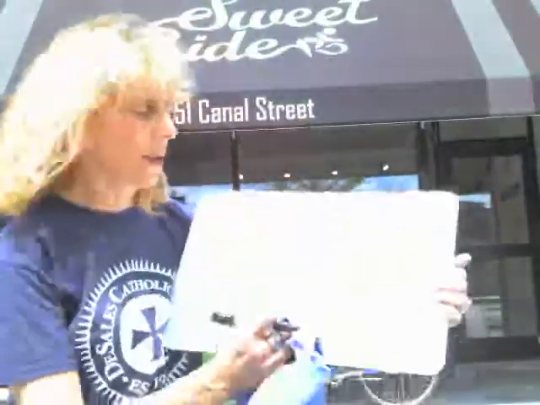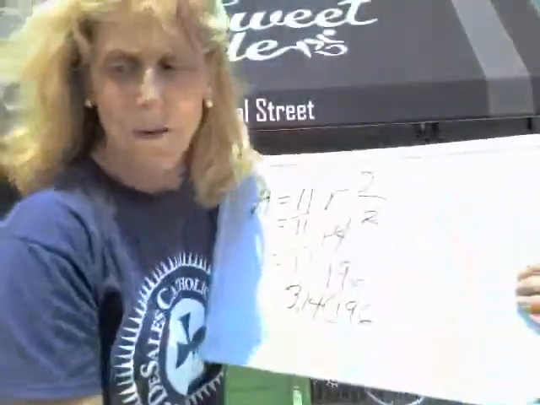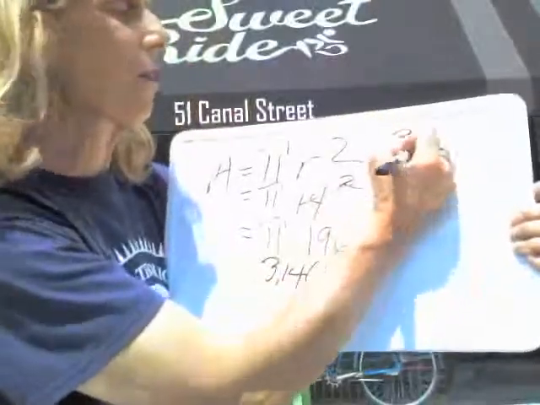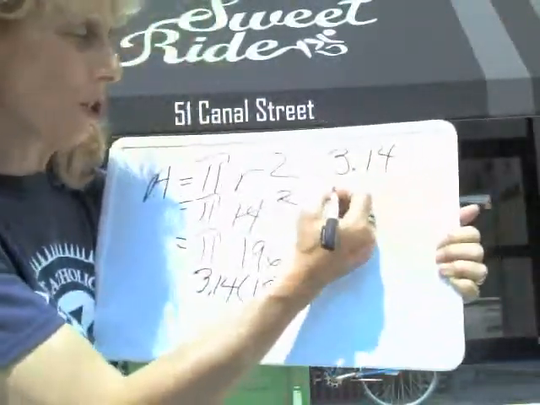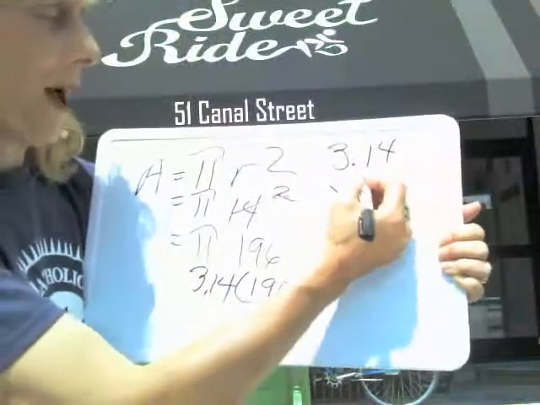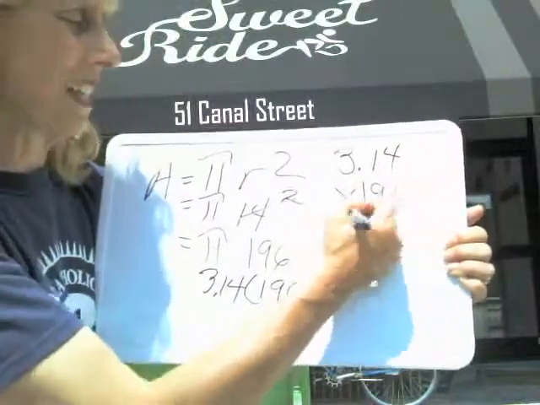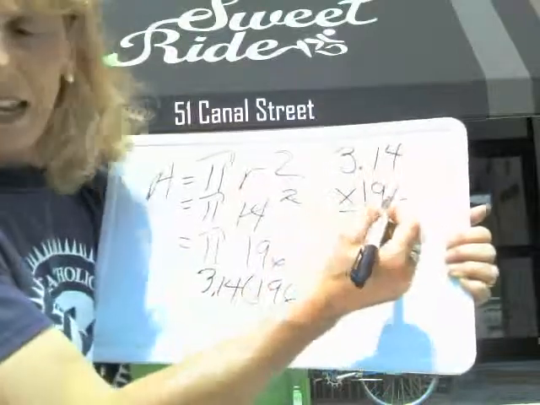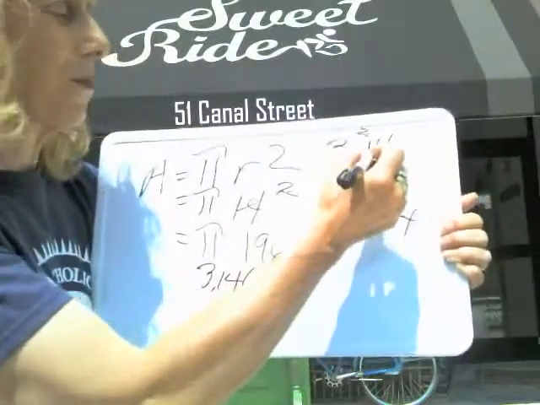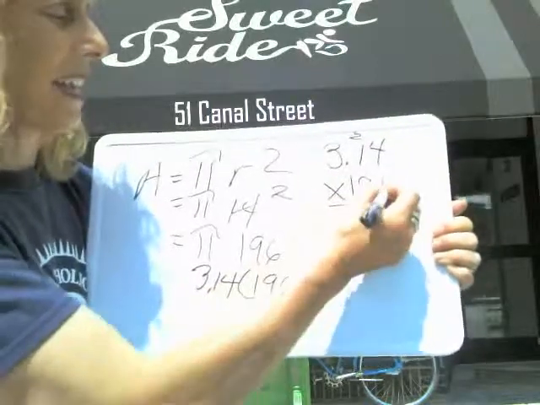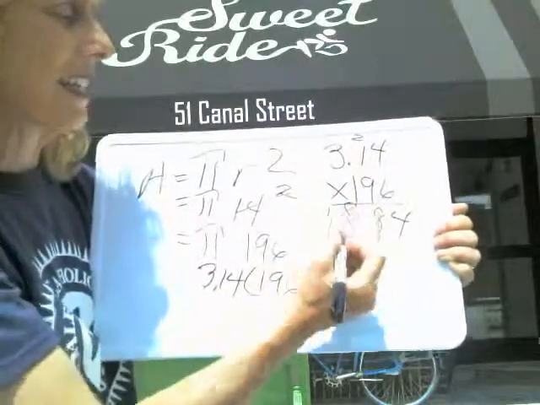And a number next to a symbol means multiply. So we're going to multiply. Let me erase this so we have some room. Here we go. So if I have 3.14 and I am going to multiply that by 196, my radius squared. 6 times 4, 24, carry 2. 6 times 1, 6, and 2 is 8. 6 times 3, 18.